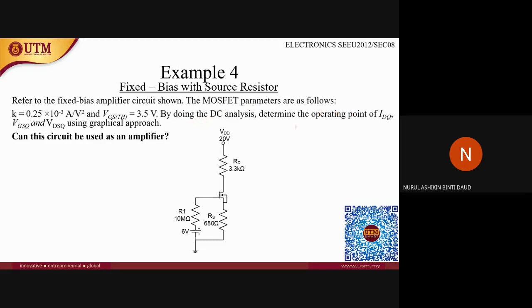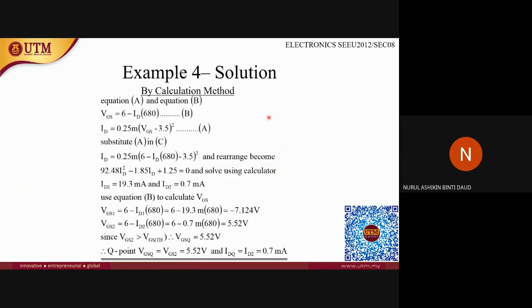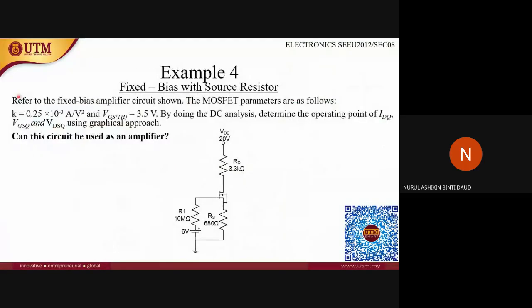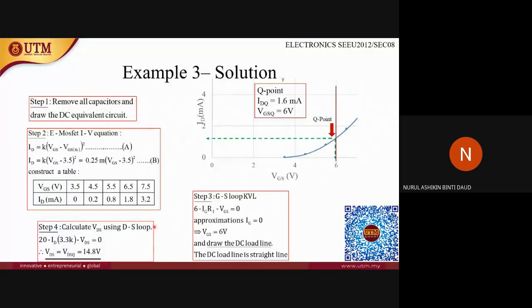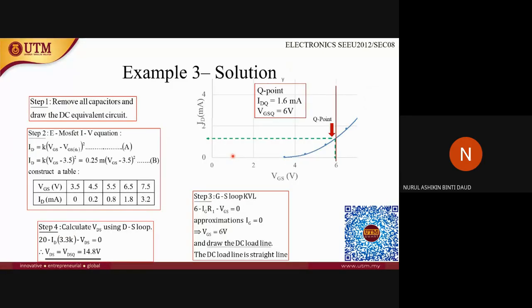It already mentioned the graphical approach, but in this example, I showed you two types: the calculation method and also the graphical method. For this question, maybe you can try to solve using the calculation method as well, because this is very simple.